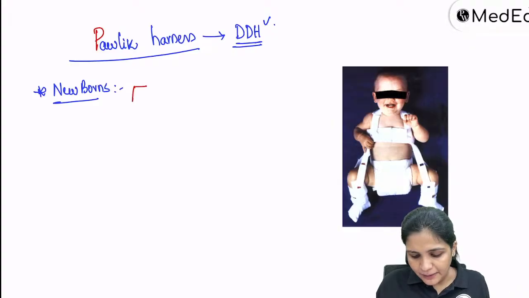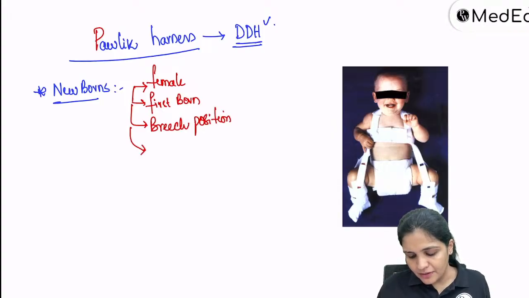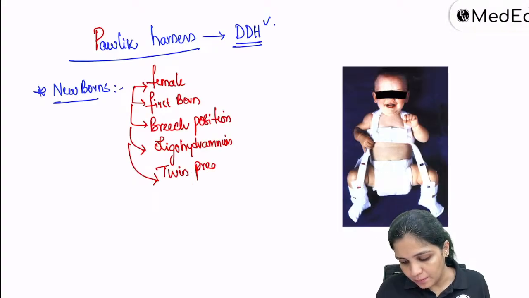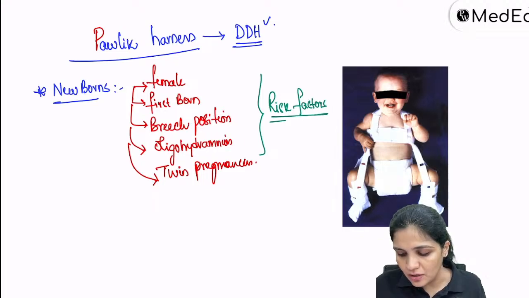For example, if the baby is a female, if it is a firstborn, and if it is in breech position, and sometimes if oligohydramnios is associated with it, sometimes if there are twin or multiple pregnancies. So these are all the risk factors for developing this condition, which is called your DDH.